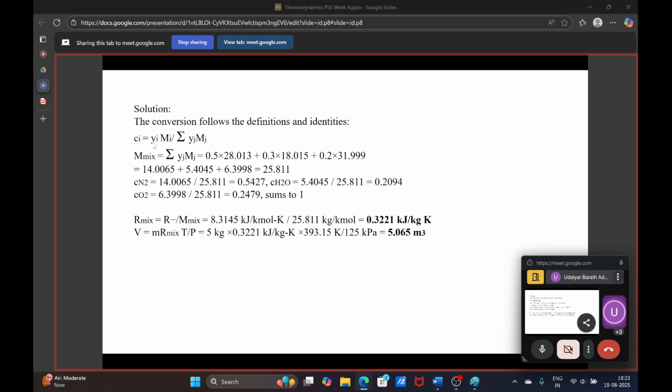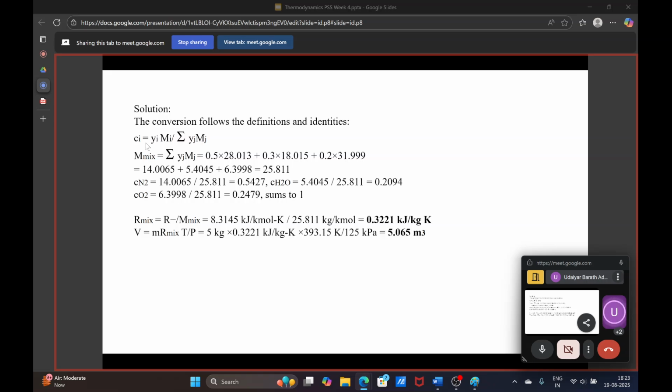Your mole is nothing but your mass by molar mass or molecular weight. So you can write mass as mole into molar mass. Substituting, this is what you get.